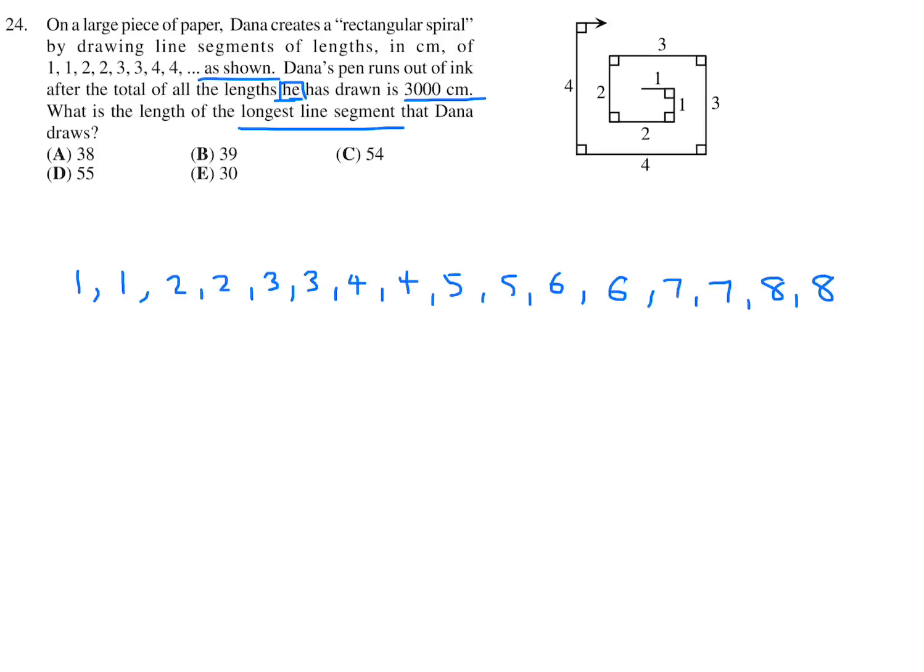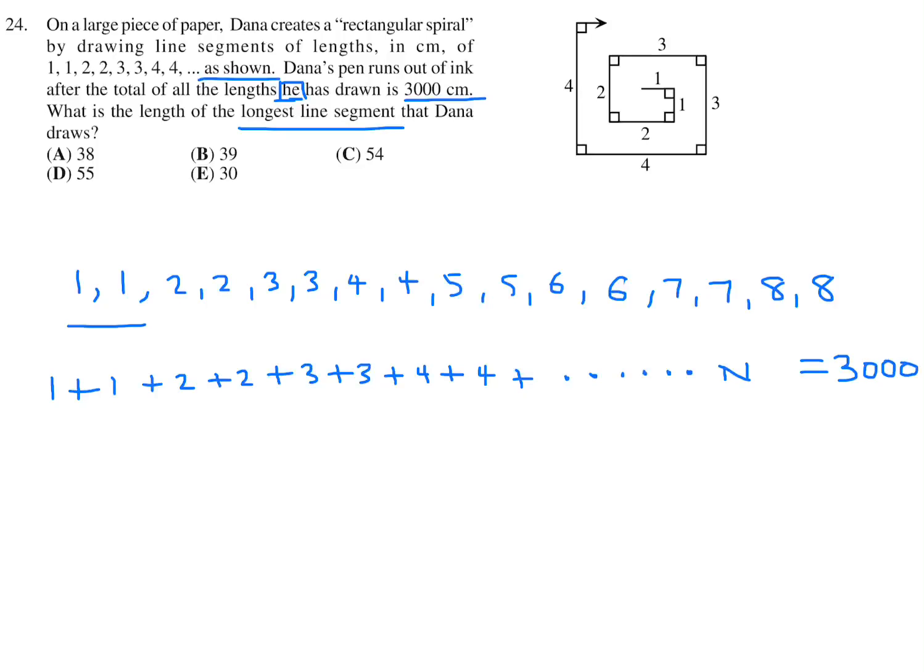So we have to add these lengths: 1 plus 1 plus 2 plus 2 plus 3 plus 3 plus 4 plus 4, and so on, all the way up to some number, n. And that is going to equal 3,000, or it will come near 3,000.